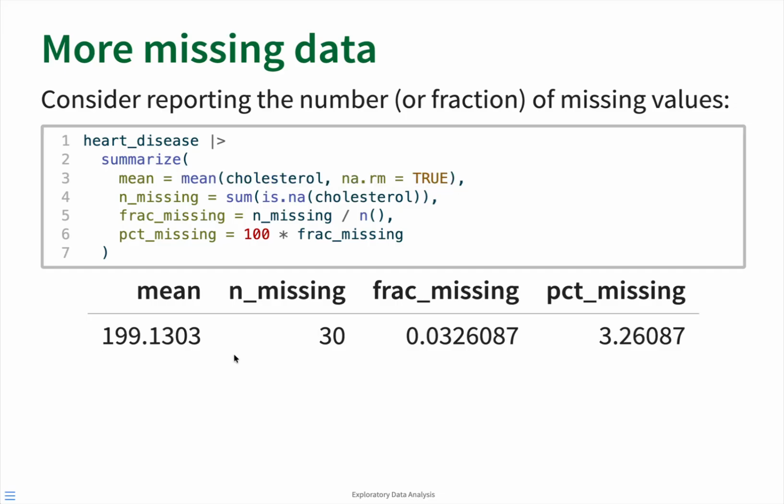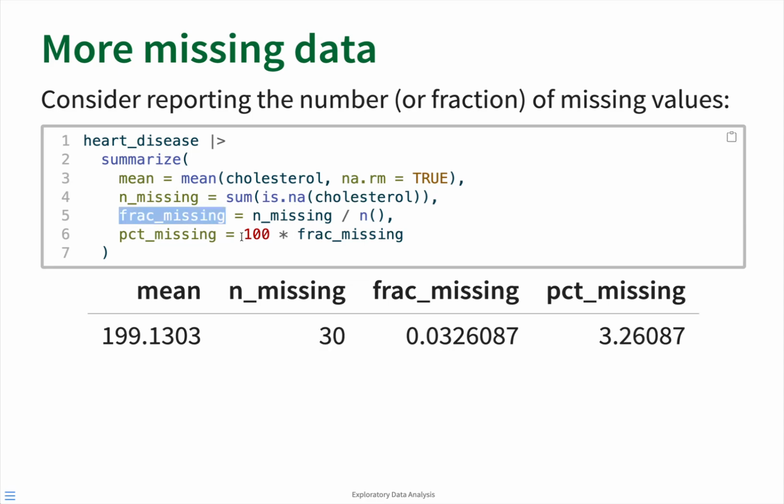And we're also calculating the number of missing values in the cholesterol column using the code that we had from the last slide, summing up the logical vector that is produced by the is.na function. We can see there are 30 missing values in the cholesterol column.